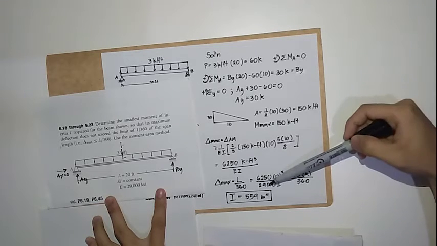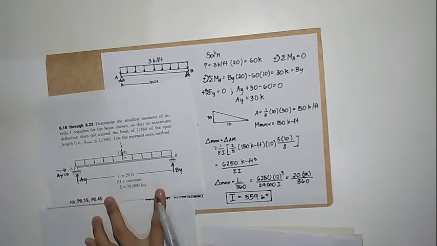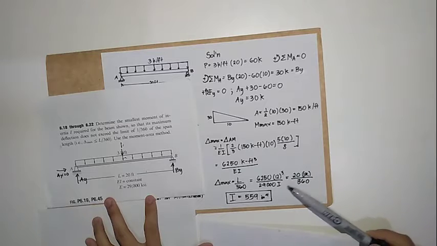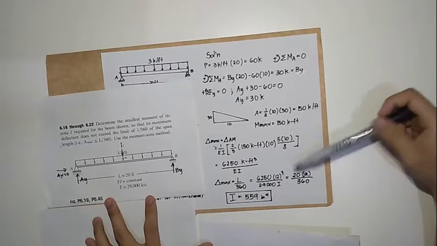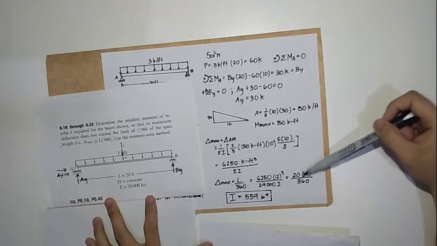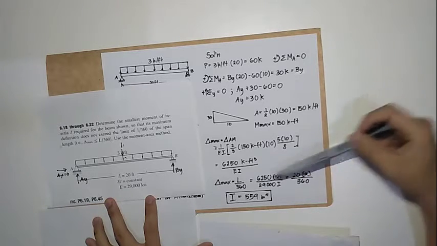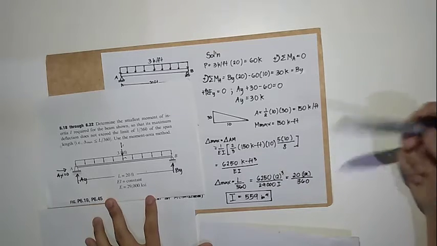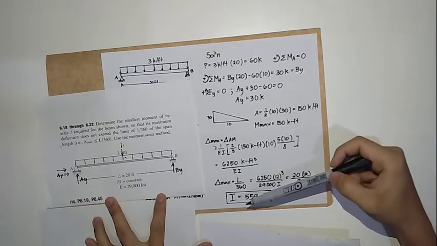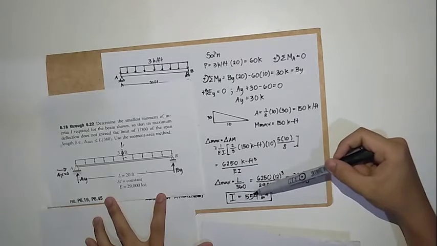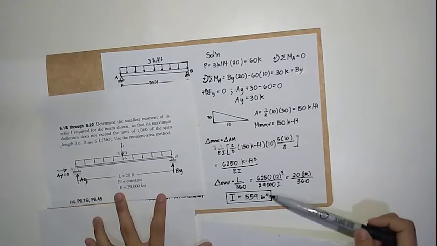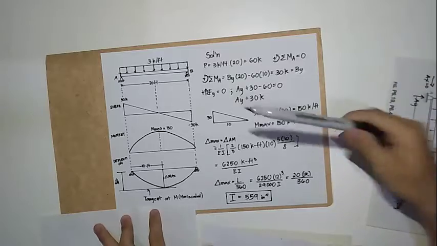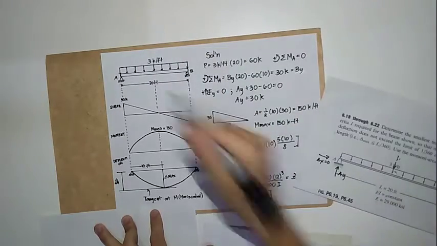So, over 29,000, which is yung given po natin na E dito sa figure, times I, which is ito yung hinahanap natin. So, equals to the length of 20 times 12 over 360. Ito na po yun. So, input lang po natin sa calculator at sa wakas, nakuha na po natin ang I na 559 inch raised to the 4th. So, yun lamang po sa ditong sa figure 6.19.